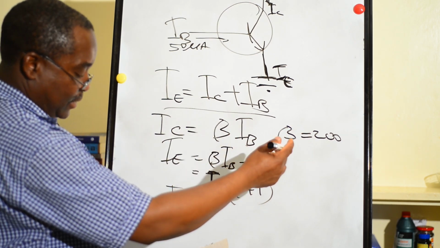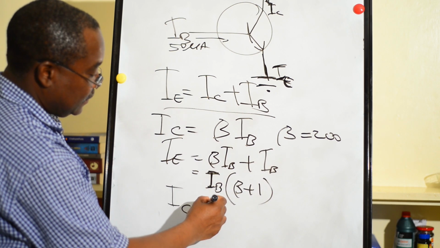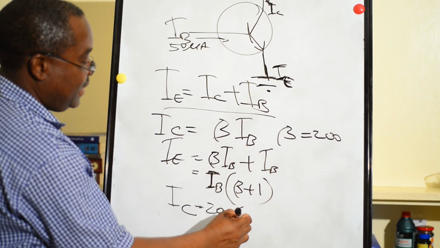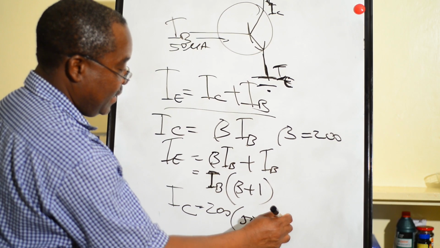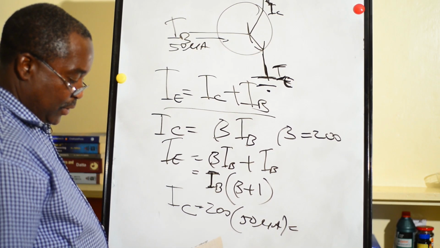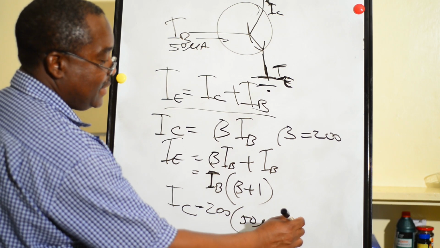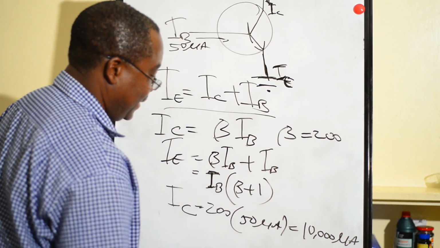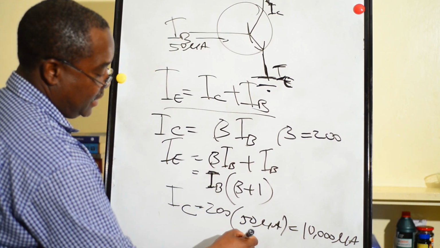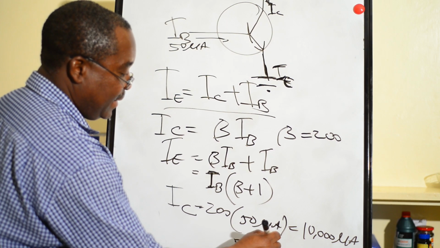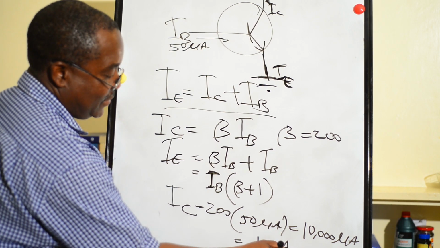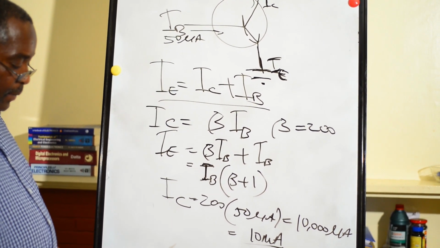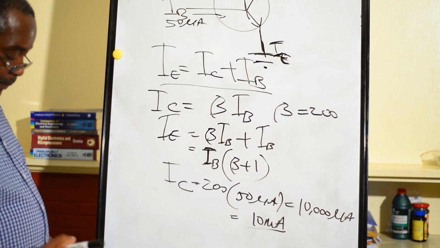Our beta is 200, and our IB is 50 microampere. So we are going to have 10,000 microampere, so it's equivalent to 10 milliampere.